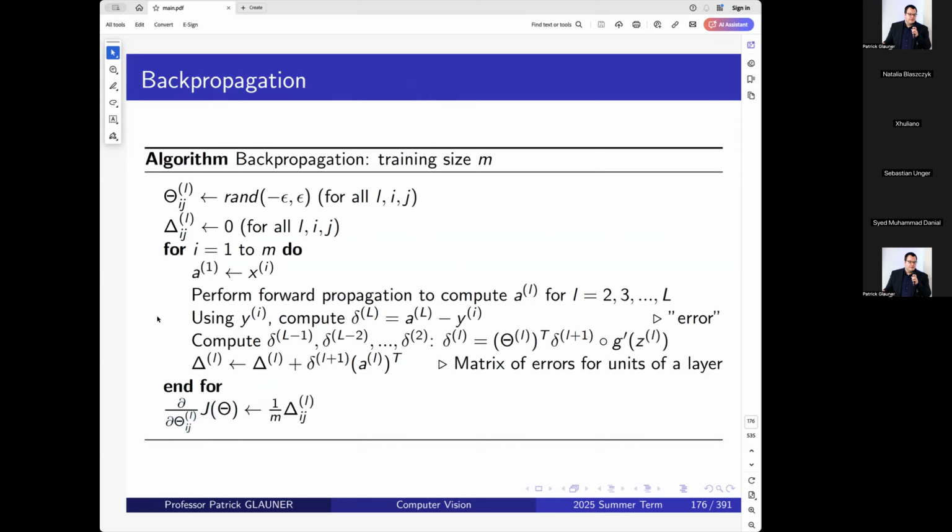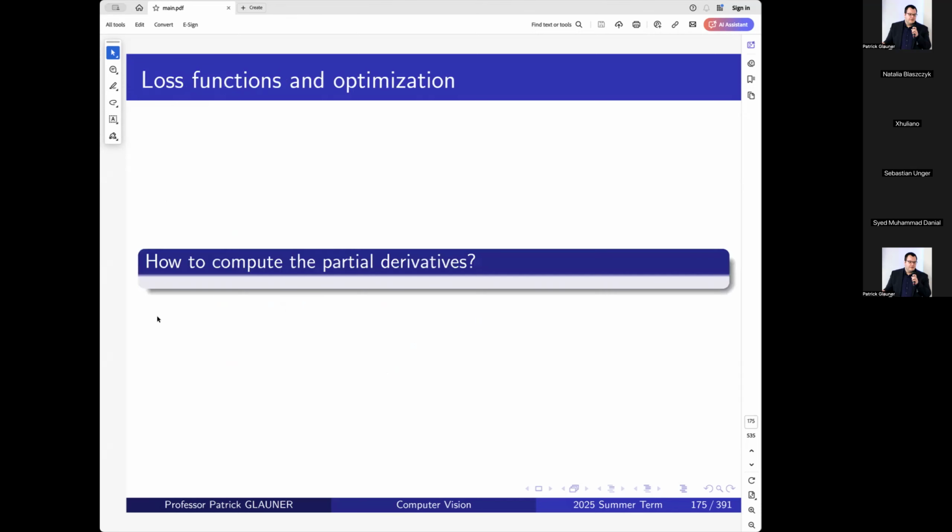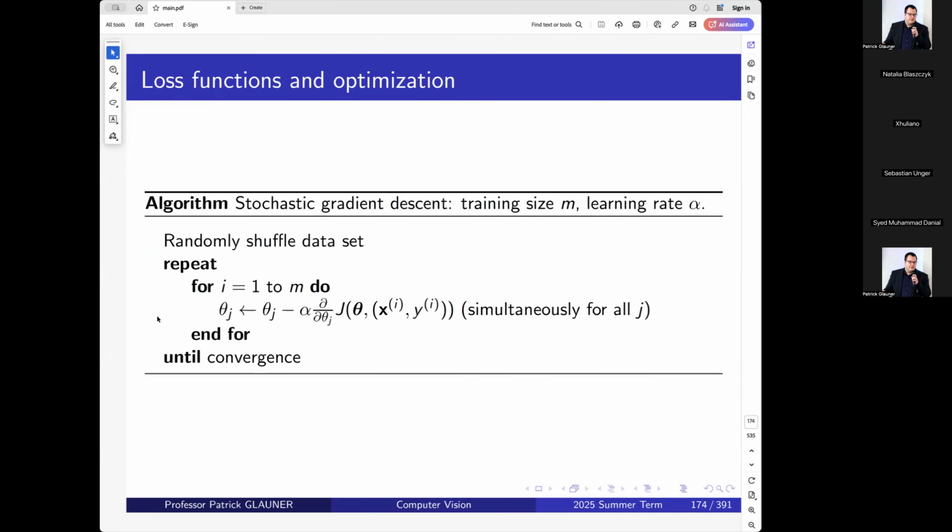How backpropagation works exactly is something you will see in your deep learning class. It's nothing we are doing here because we just use libraries that do this work for you. It's something you would investigate in your deep learning class or in a neural networks class. The literature here is not very consistent because sometimes backpropagation not only refers to calculating the partial derivatives, but also to the gradient descent.